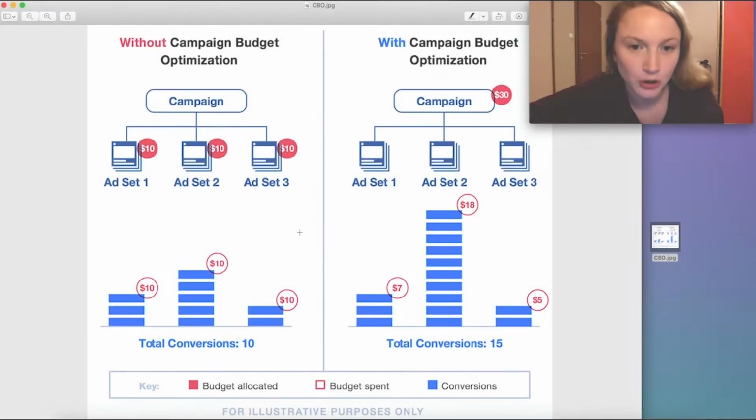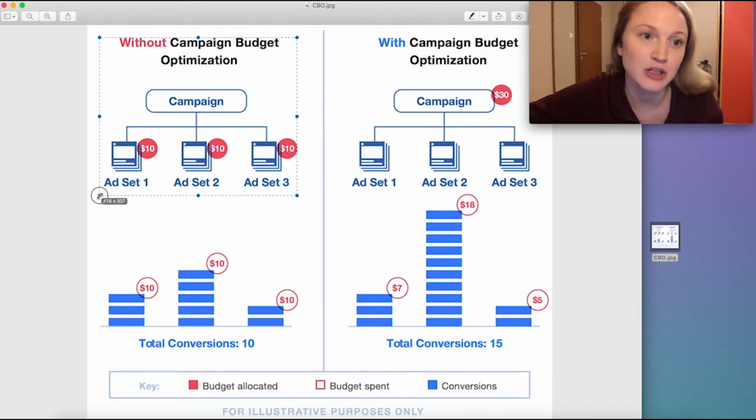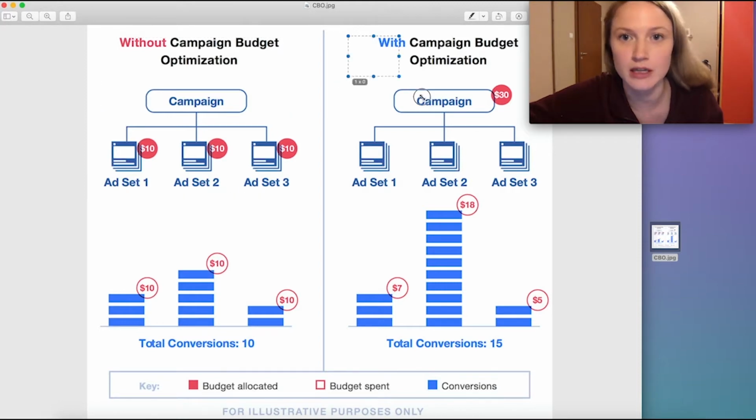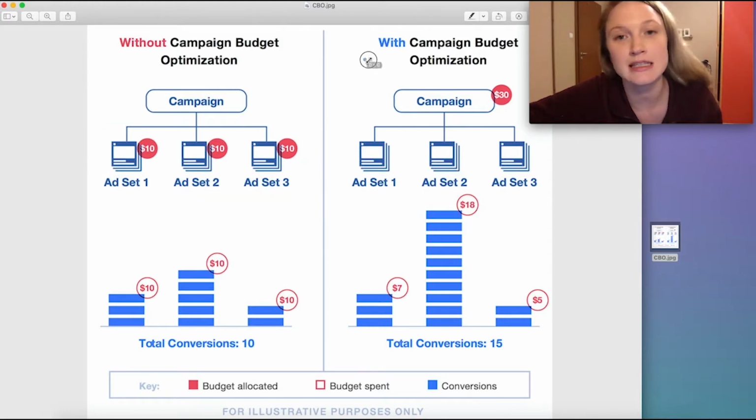So here are two examples of campaigns, one without campaign budget optimization and one with campaign budget optimization. This campaign has the budget set at the ad set level. This campaign has the budget set at campaign level.